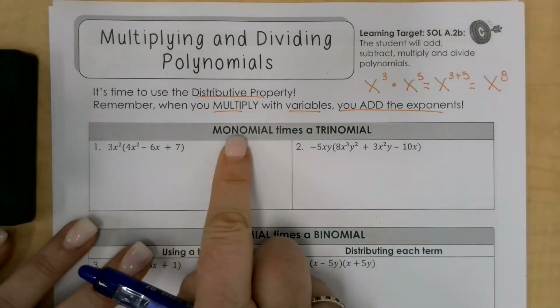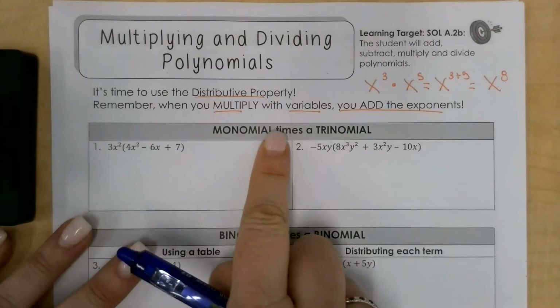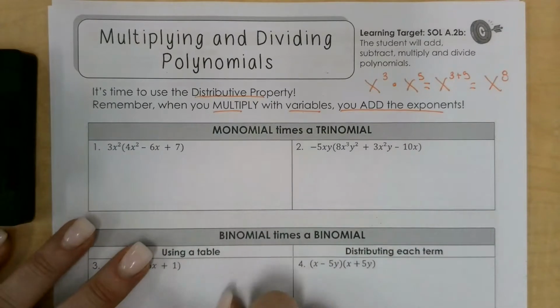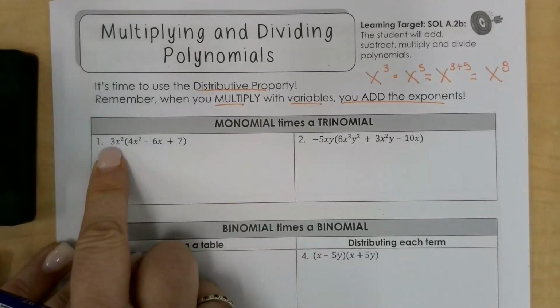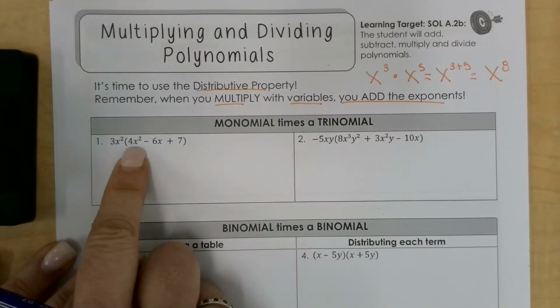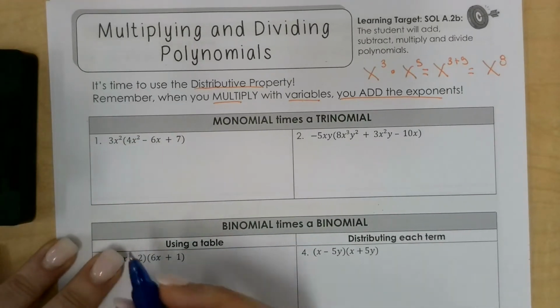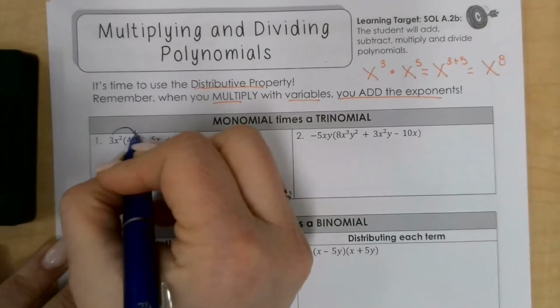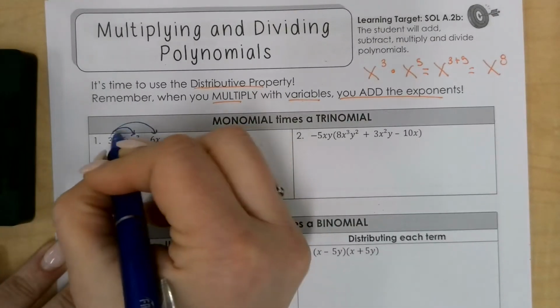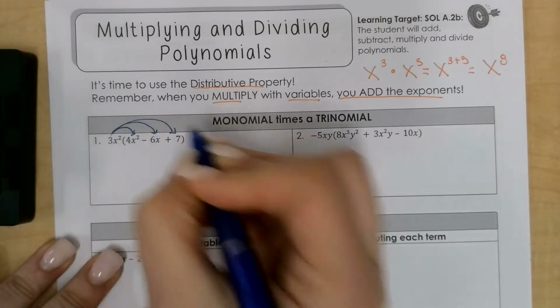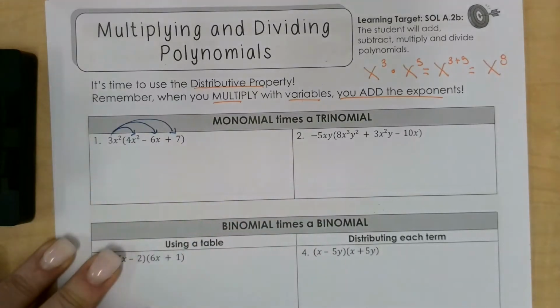Here we've got a monomial, that's one term, times a trinomial, 3 terms. In this example, I've got 3x squared, there's my monomial, and I've got 4x squared minus 6x plus 7, the trinomial. I need to distribute through multiplication this monomial to each term inside the trinomial, inside the parentheses.